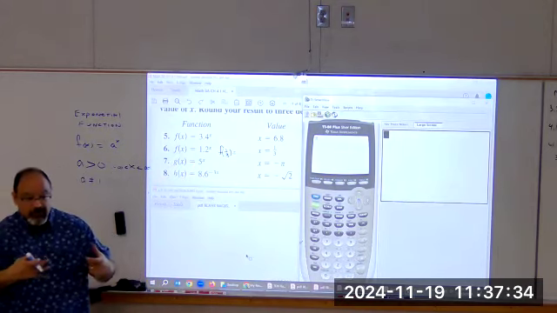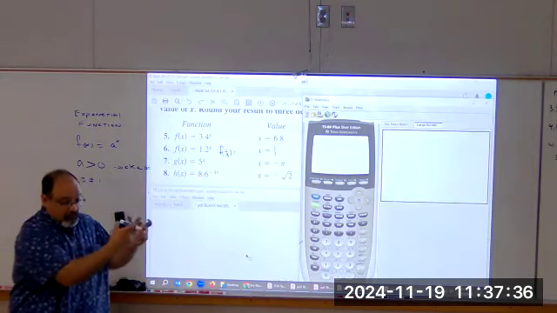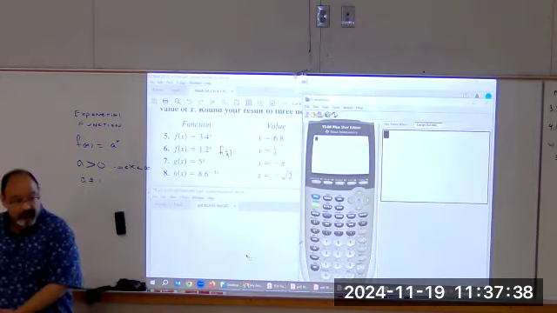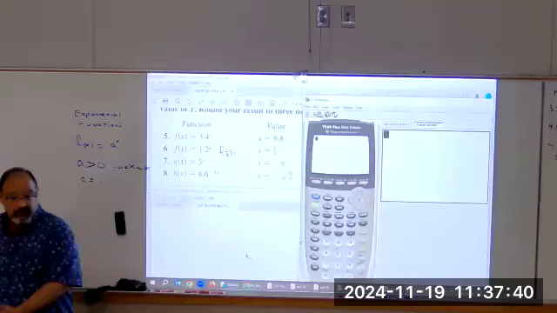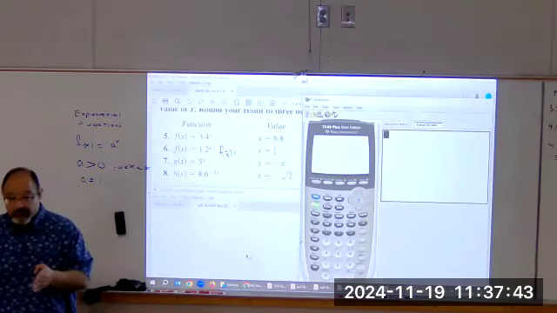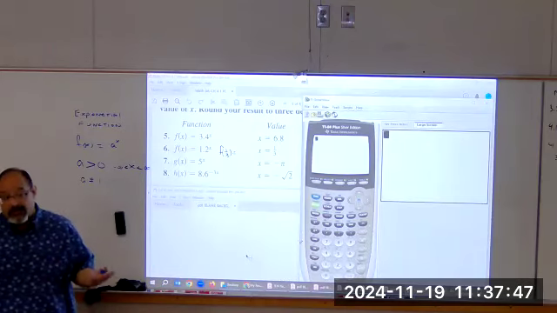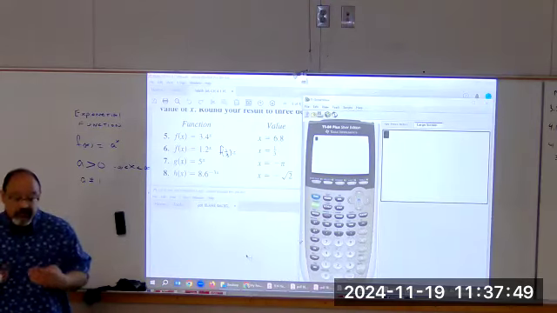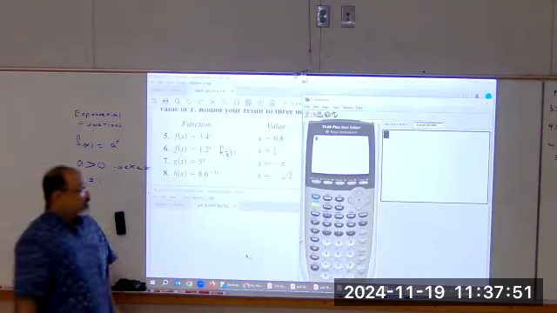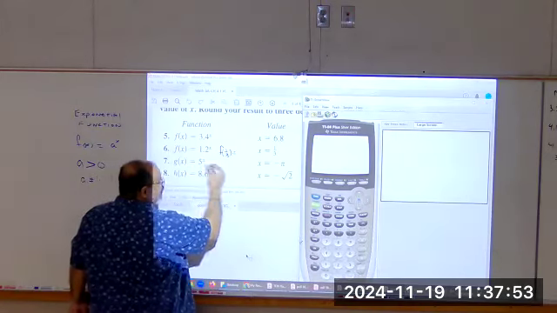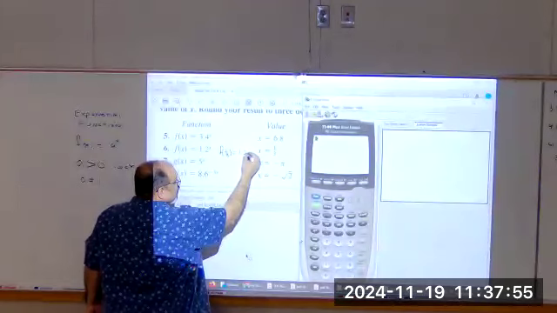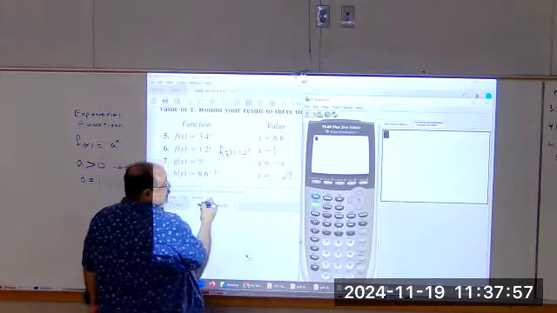So many of you were just trying to go from f of whatever and then try to do the arithmetic. Write it out. Just make the substitution. What does it look like without actually calculating anything? Then do the work. So it becomes 1.2 to the 1/3 power.